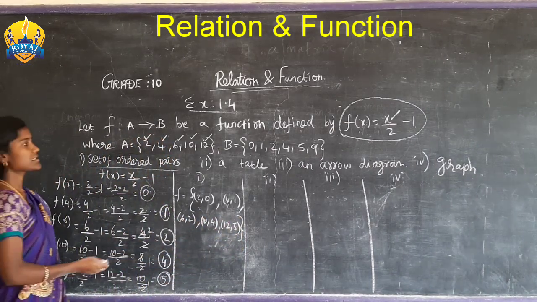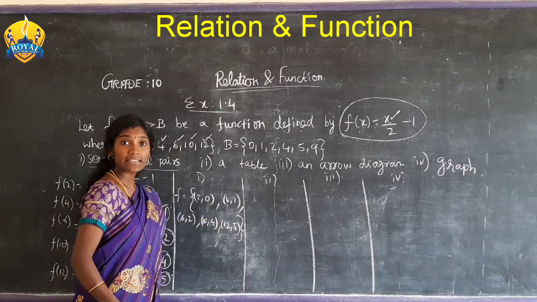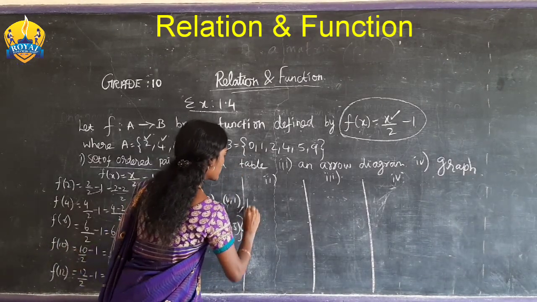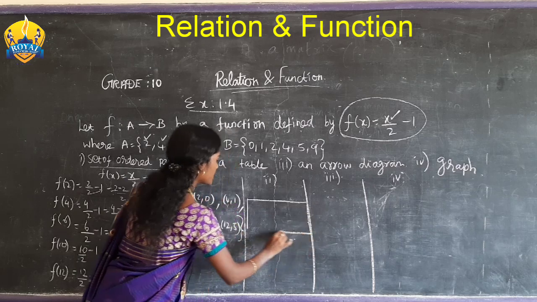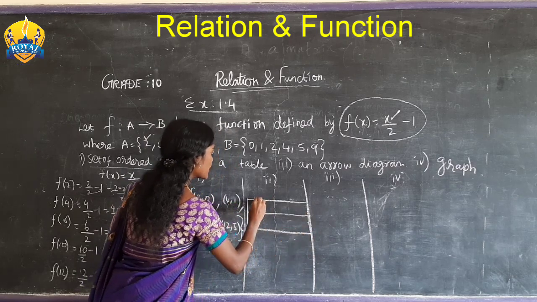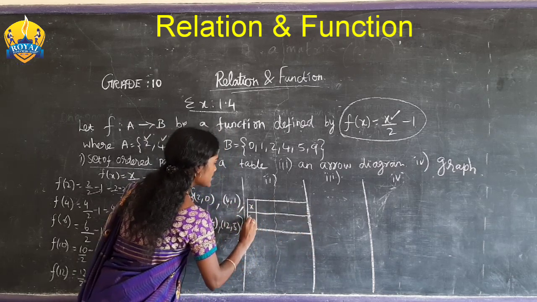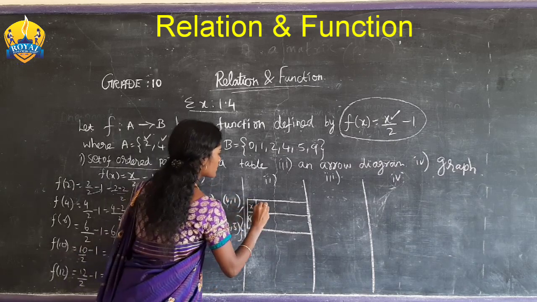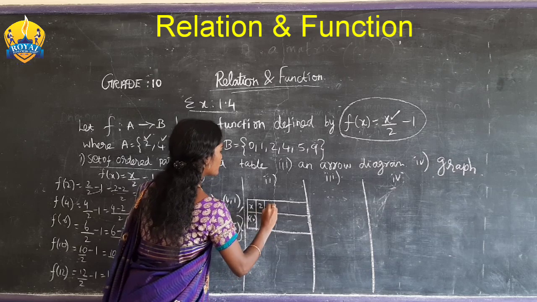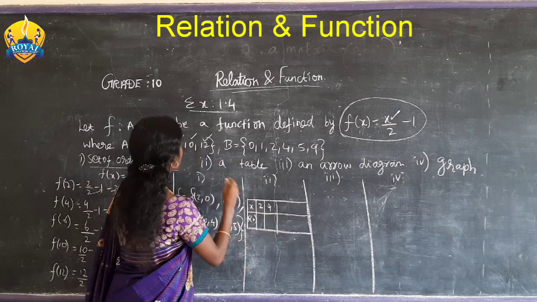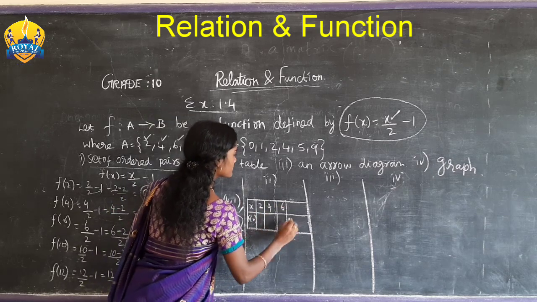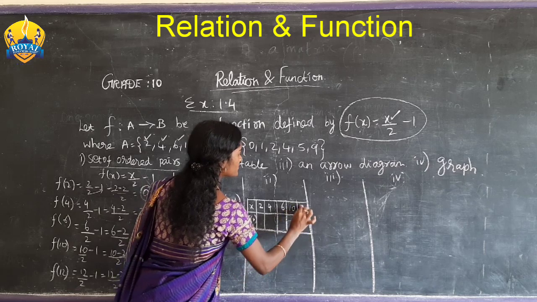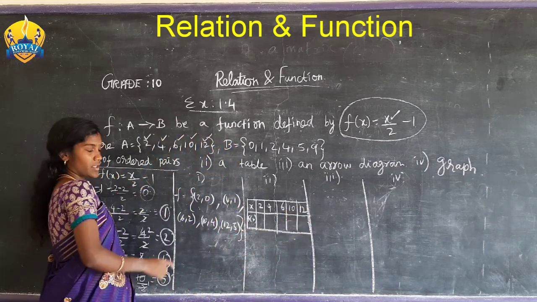Next, write it in a table. In the table, I am going to write the x values and the f of x values. The x values are 2, 4, 6, 10, then 12.